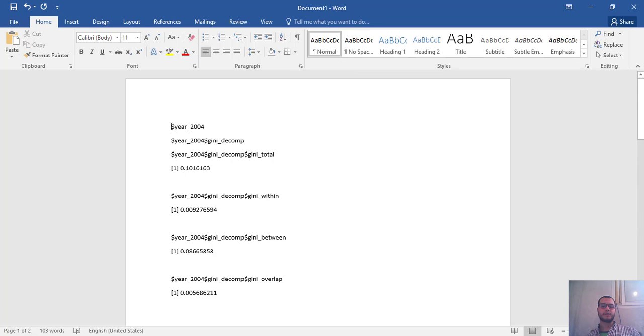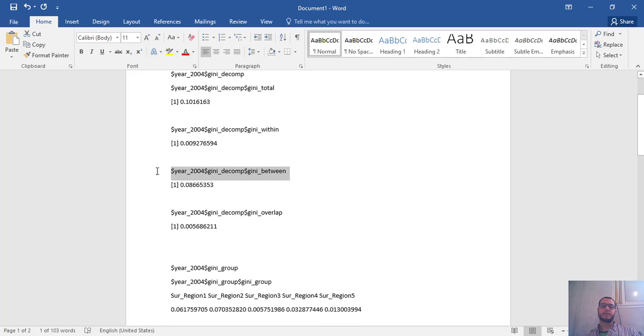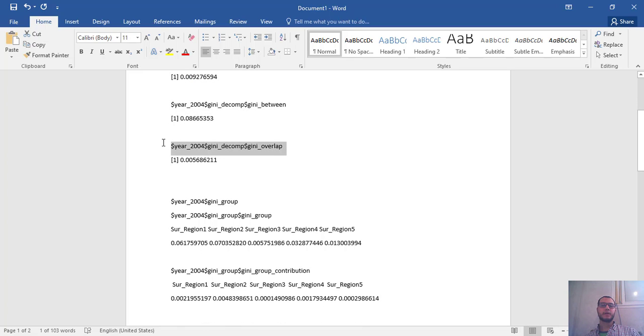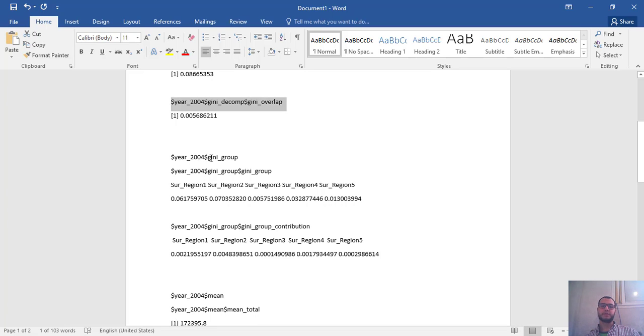So this is the Gini coefficient decomposition for year 2004. In the result we have the total Gini, or the Gini coefficient, and we have the within effect, the between effect, and the overlap effect, or the interaction effect. So we have the Gini group, the Gini coefficient for each group, for each region.